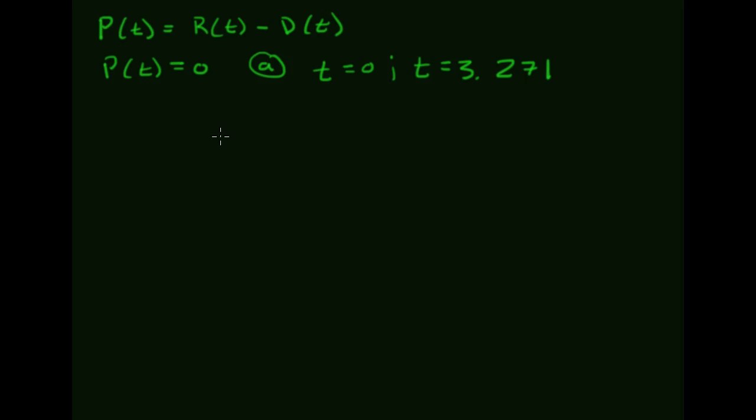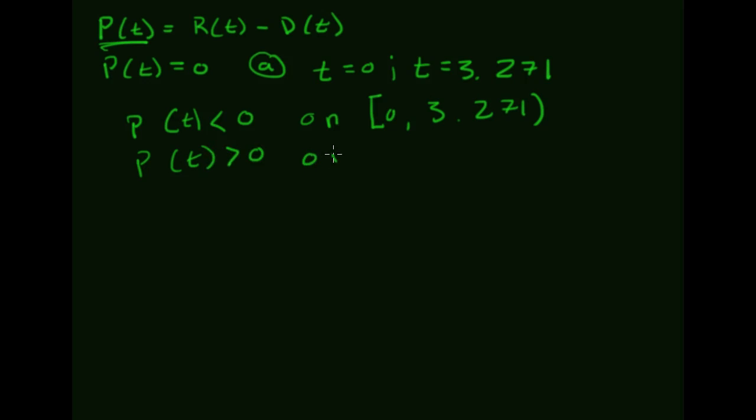What you can do is you can actually look at the graph of P, okay? And what's happening there is P of t is clearly less than 0 on the interval 0 to 3.271, and P of t is clearly greater than 0 on the interval from 3.271 to 8. This actually should be open, that should be closed.